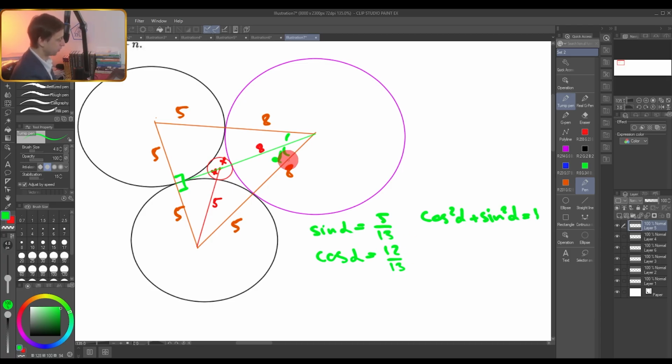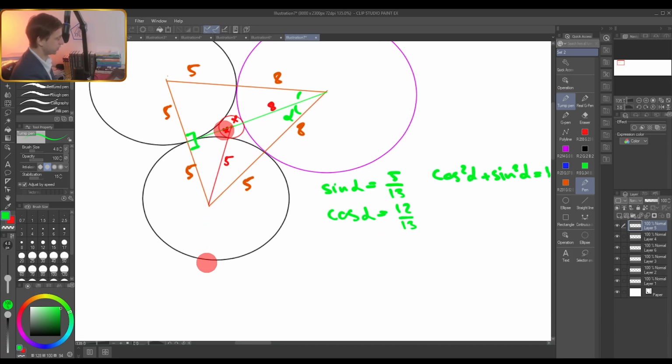So you found the angle alpha, and now you look at this triangle and you simply apply the cosine law. Here you have cosine alpha, you have some sides. Let's apply it, and we'll have an equation simply for x.